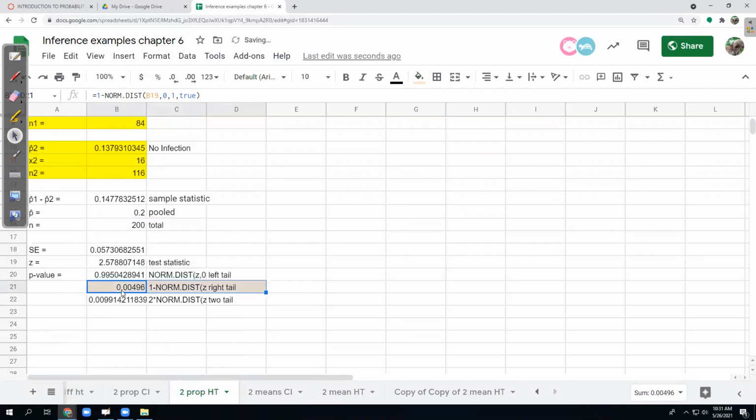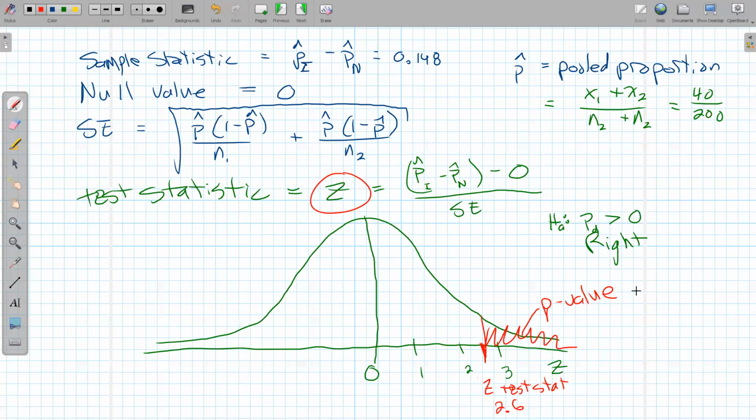So my p-value is 0.00496. That's a small p-value. It is definitely less than alpha, which was 0.05, and so the decision would be reject the null hypothesis.